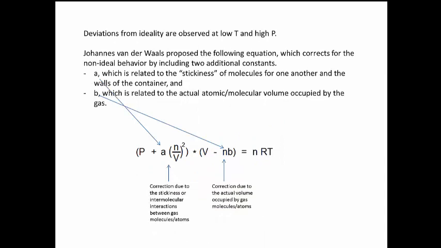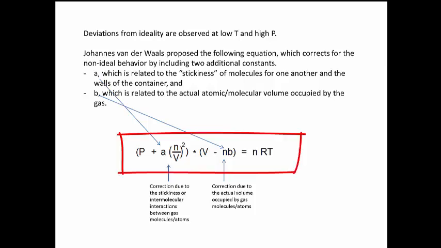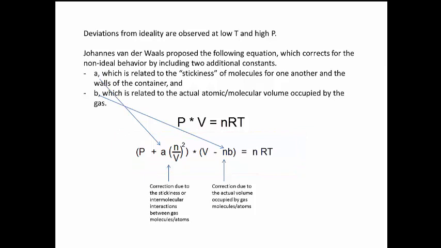A person named Johannes van der Waals proposed the following equation, which corrects for this non-ideal behavior by including 2 additional constants, which we will call a and b. Now, let's look at the equation below. This is PV equals nRT, but in the first parenthesis, the pressure has a term a, a constant a, which we'll come back to, times the quantity n, that's the moles of gas, divided by the volume, that ratio squared, so a times n divided by V, quantity squared.